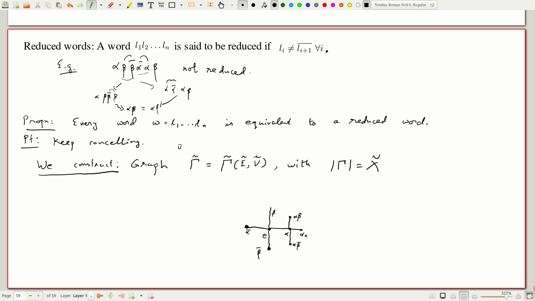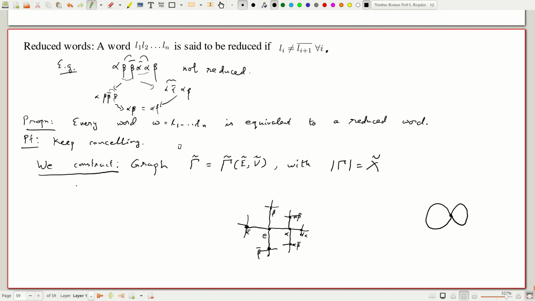On the other hand, alpha bar is E itself, so you have to go back when you get alpha bar. So this vertex becomes 4-valent. Similarly, we extend here, and here, and here. You can see clearly what we are going to do. We are going to have an element for each reduced word as a vertex, and because you can always go back, you want exactly a 4-valent graph which is supposed to be covering this one.